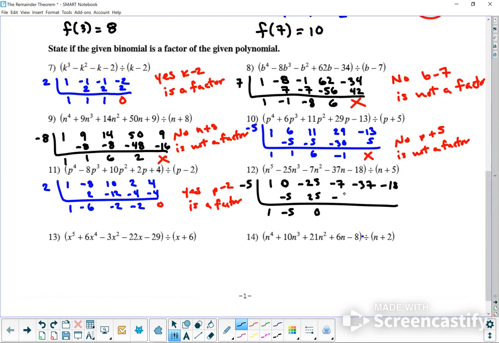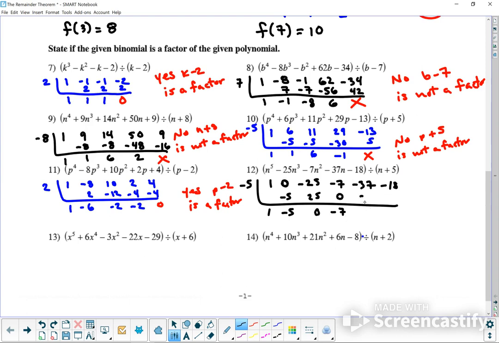You get negative 5. Oh, actually, 0 times 5 is... I'll just erase that. 0 times negative 5 is not negative 5. 0 times negative 5 is 0. Add it, negative 7.